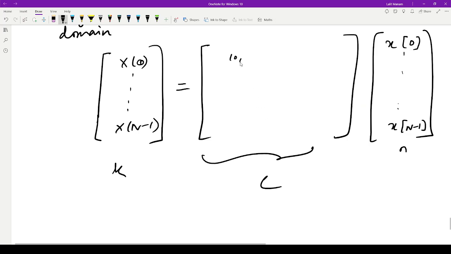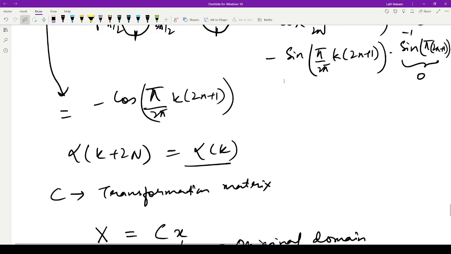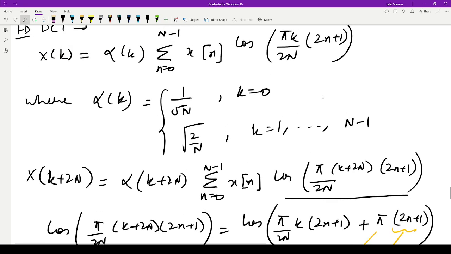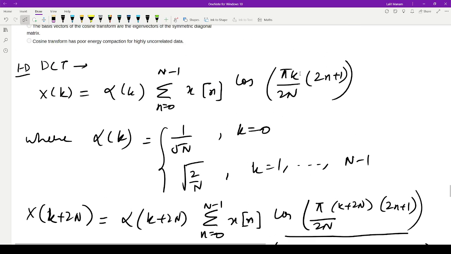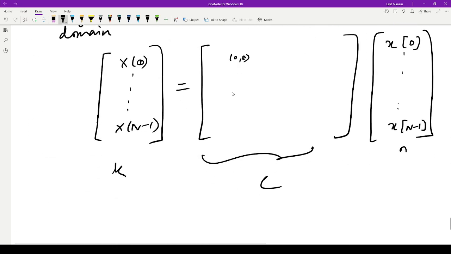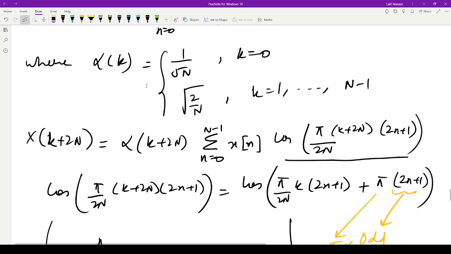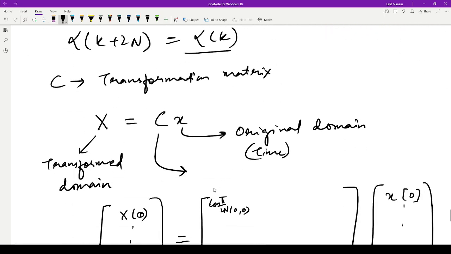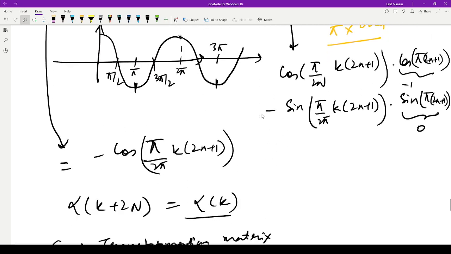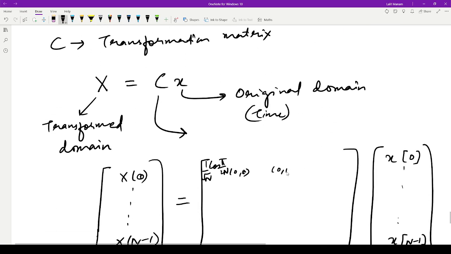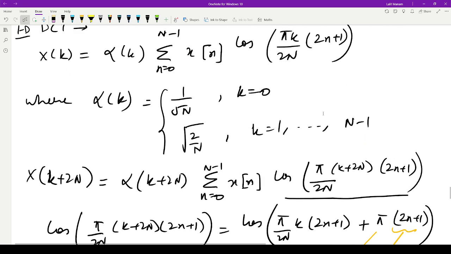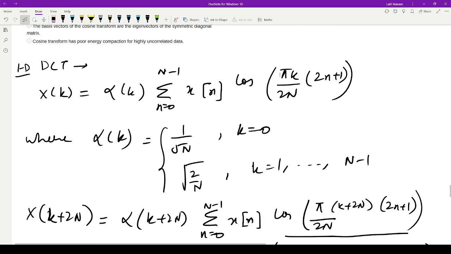Value for 0 comma 0 will be what? K is 0, n is 0, which is cos of pi by 2n. And alpha is 1 by root n. So 1 by square root of n cos of pi by 2n. What is next? 0 comma 1. That means n is 1, small n is 1.